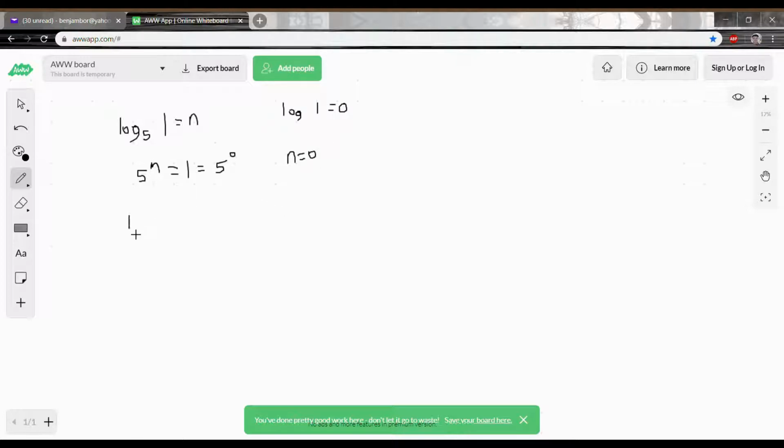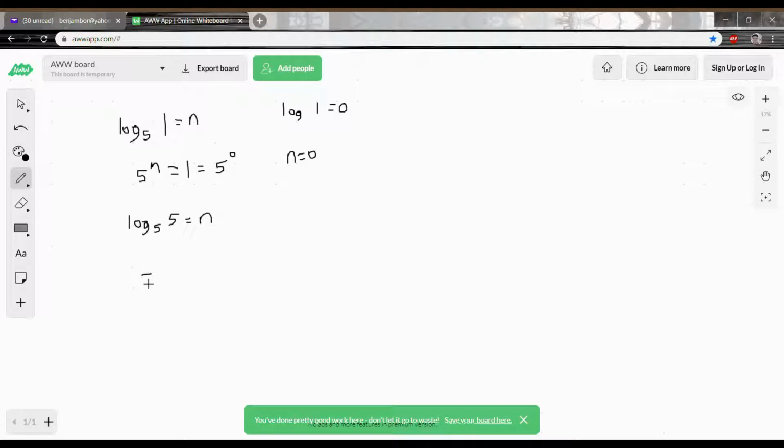If we had the logarithm base 5 of 5, and we want to figure out what that is equal to, as a general rule, I should have written an n there, I got ahead of myself. We can just remember that anytime we have a log of a base of the same base, it's always going to equal 1, but let's prove it.